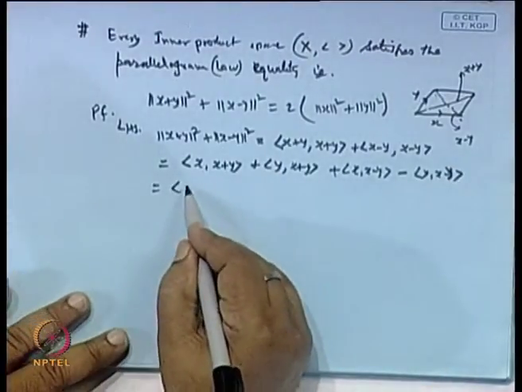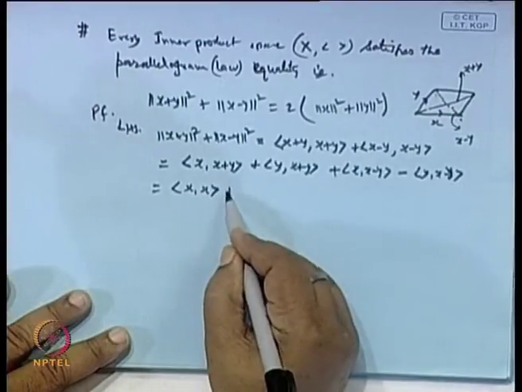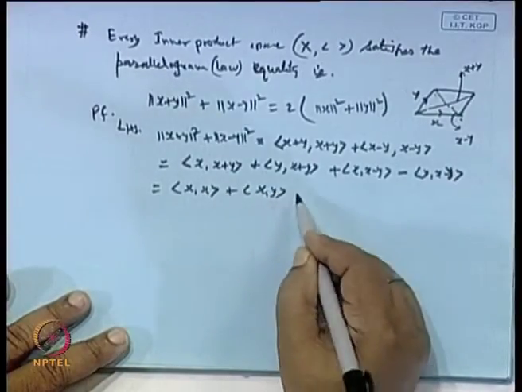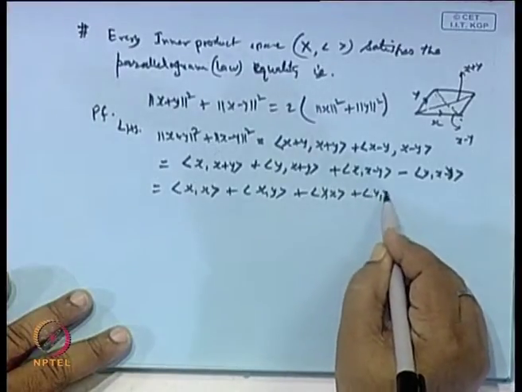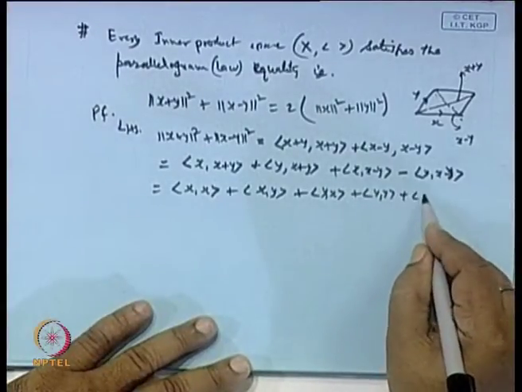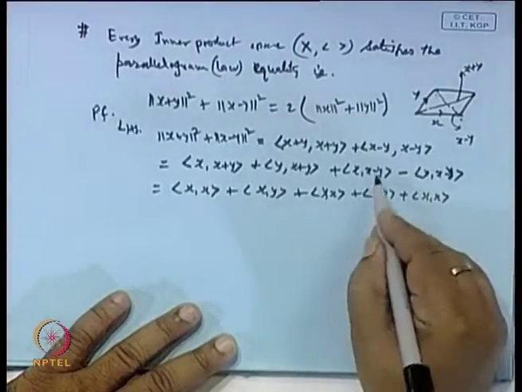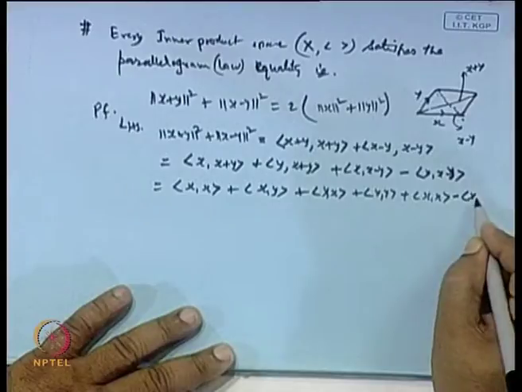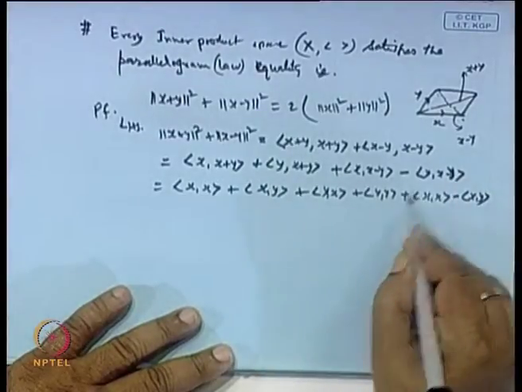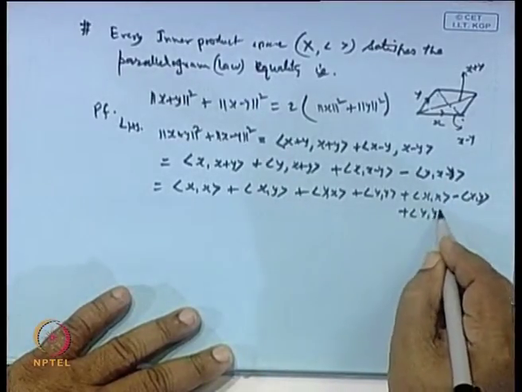This gives x comma x plus x comma y plus y comma x plus y comma y plus x comma x minus x comma y minus y comma x plus y comma y. The conjugates are the same because it is real.